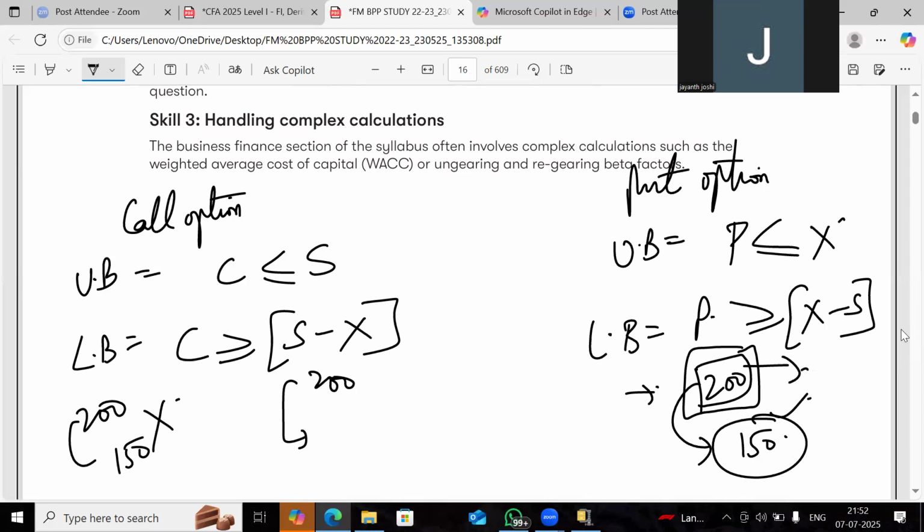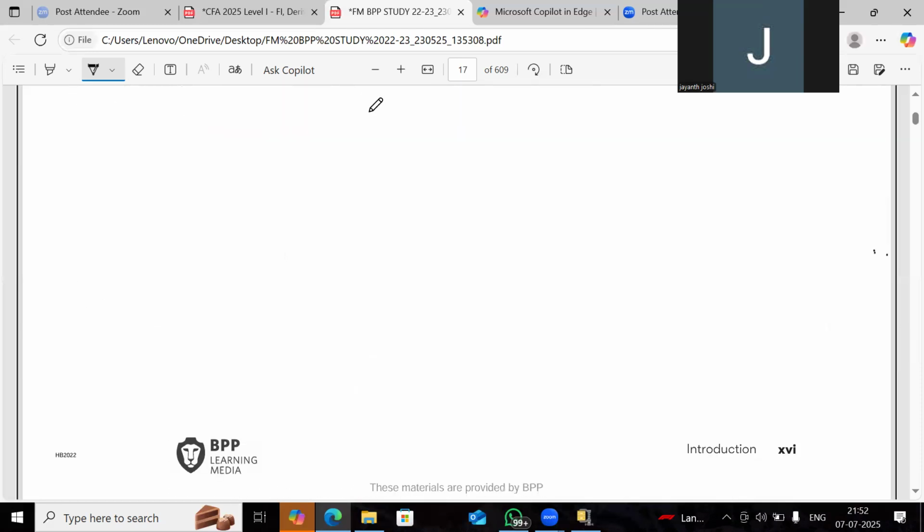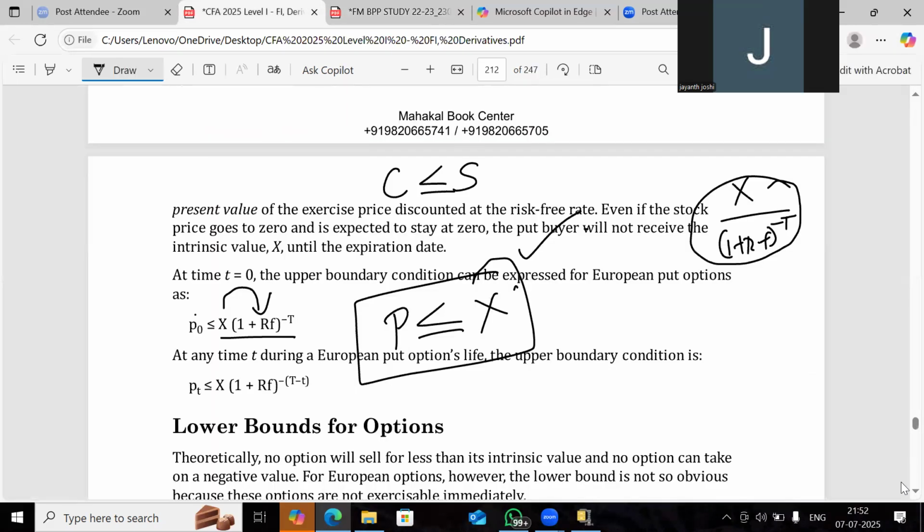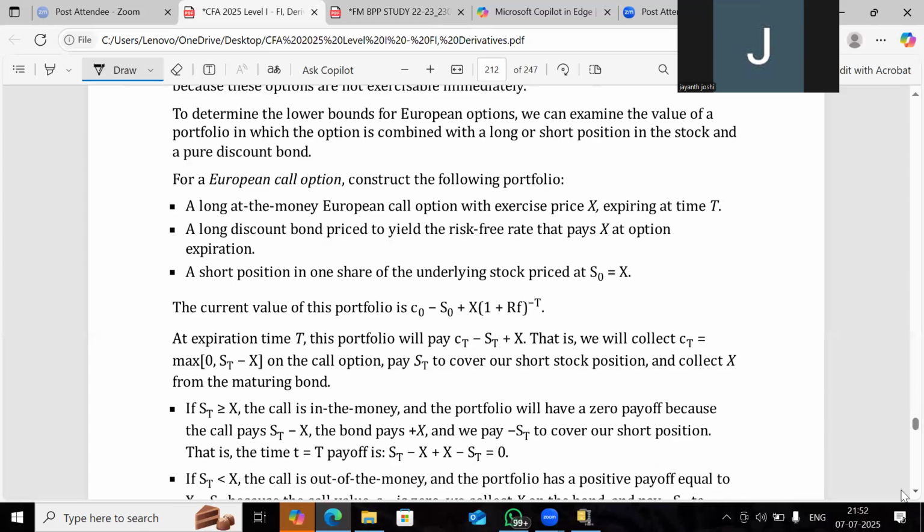Now let's go for the properties of options, or how the option gets impacted, the last topic, because of certain factors.